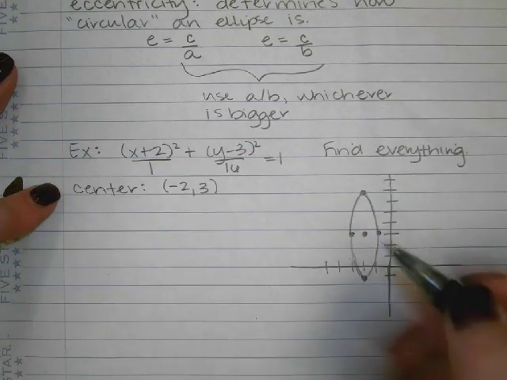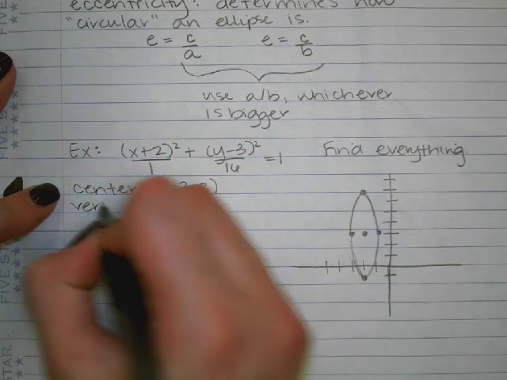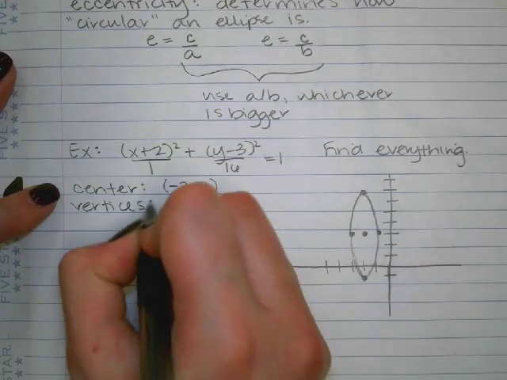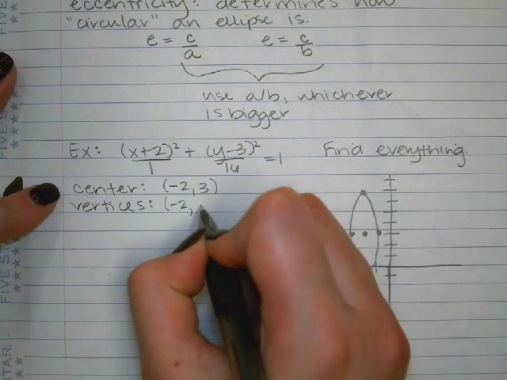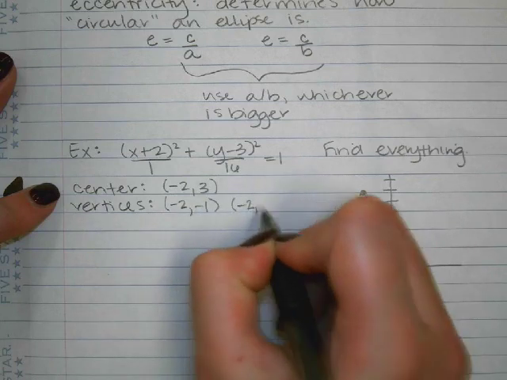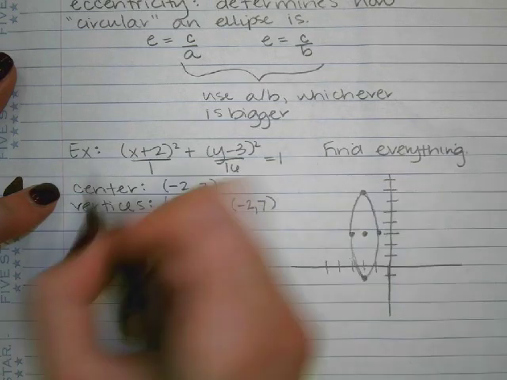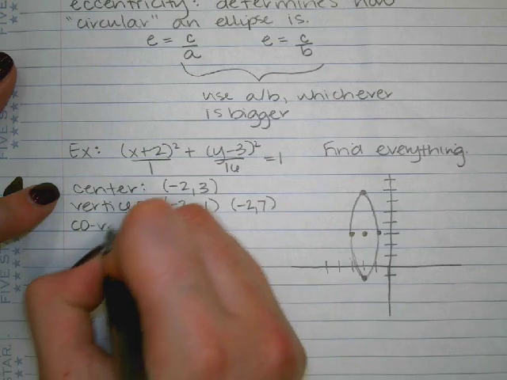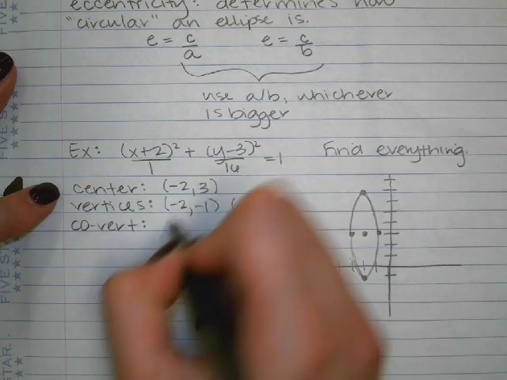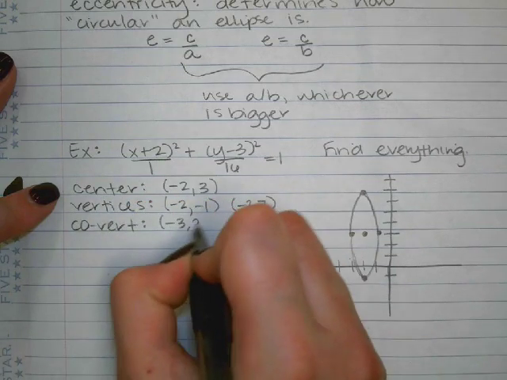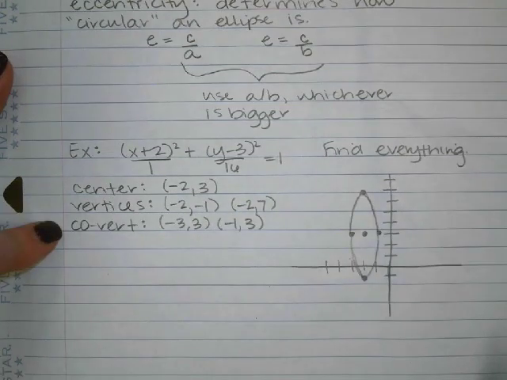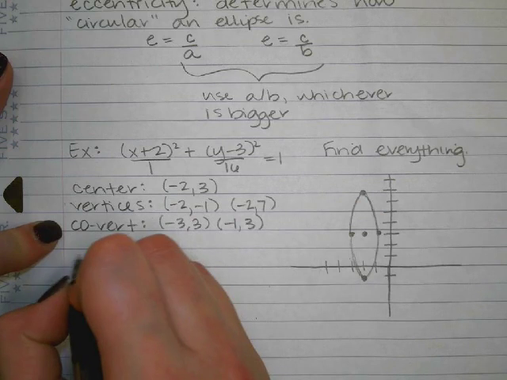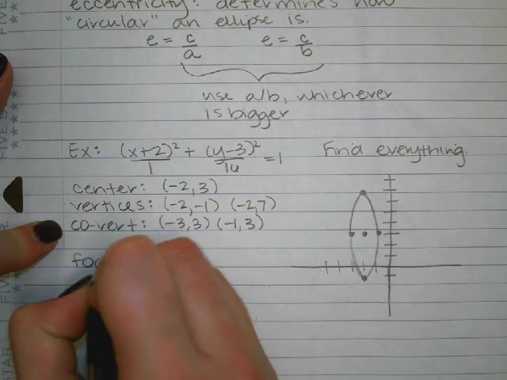Okay. So the vertices would be the points that went up and down. And we went up 4 and down 4. And the co-vertices are left and right, 1. And we can go ahead and find the foci.